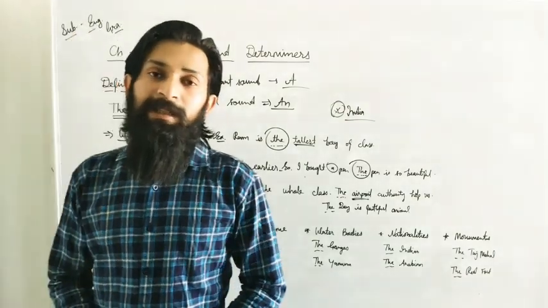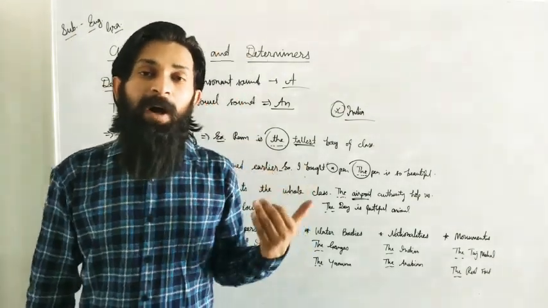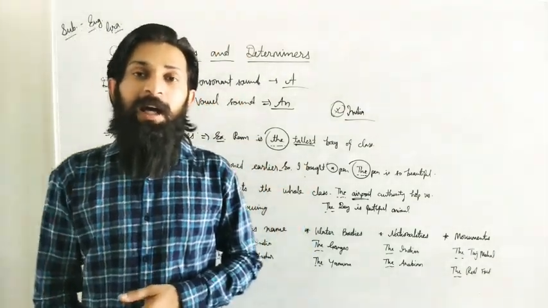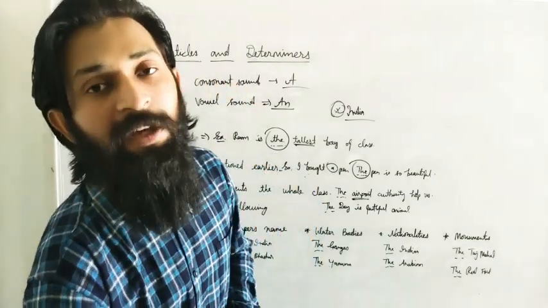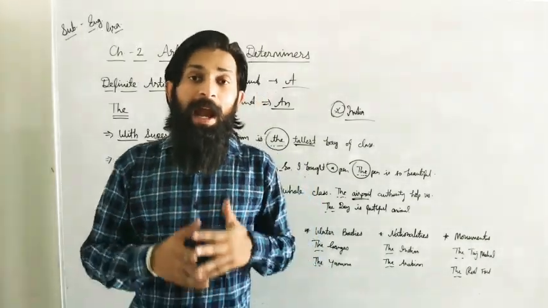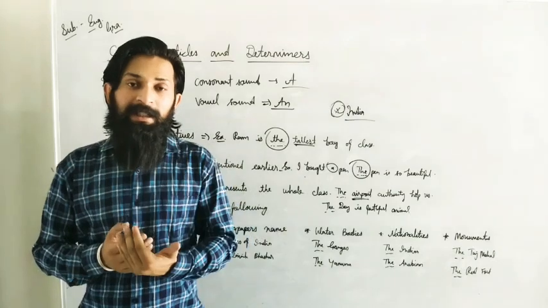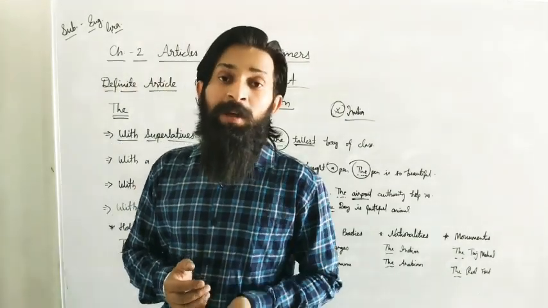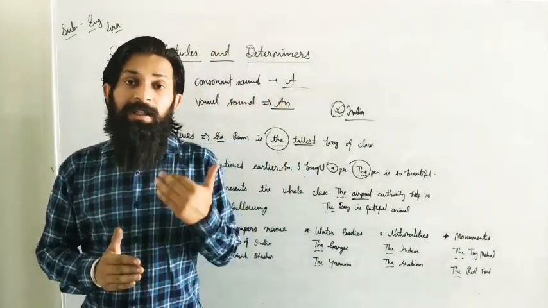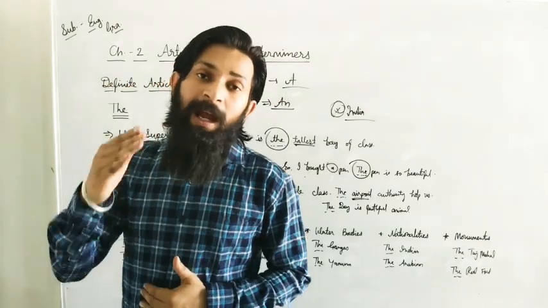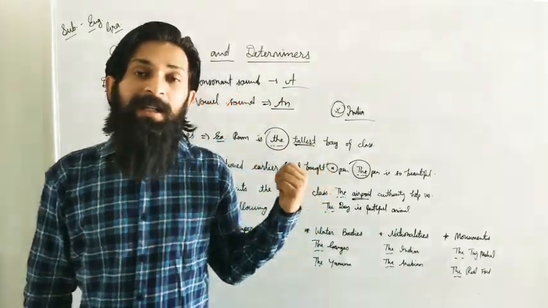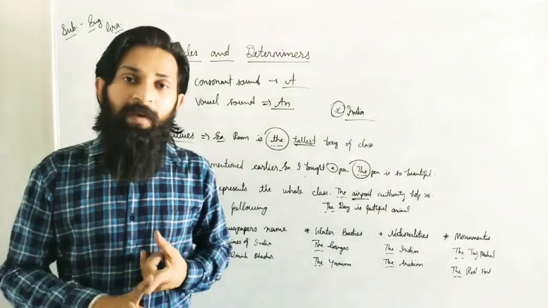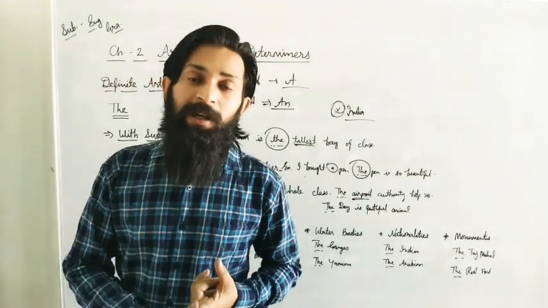Dear students, in this class we discussed articles. Articles are words used before a noun, and if any adjective is placed before the noun, then we have to use the article before the adjective. Articles are of two types. First is the indefinite article, second is the definite article.